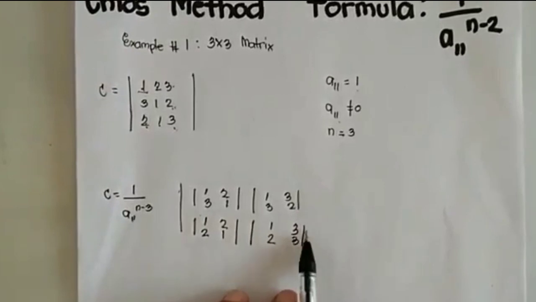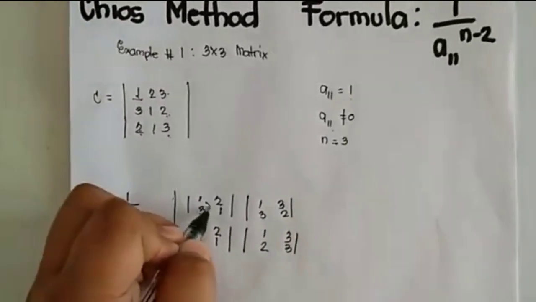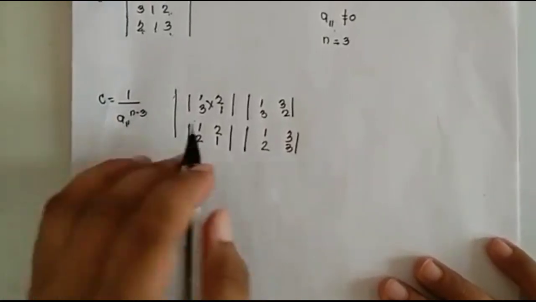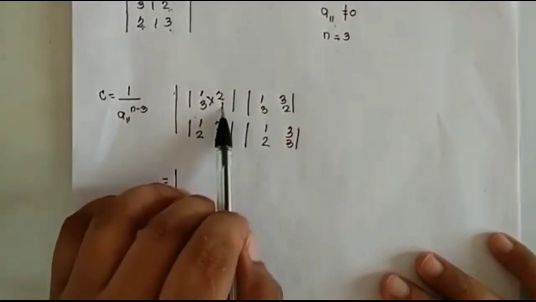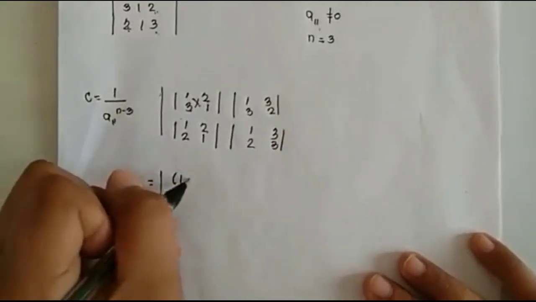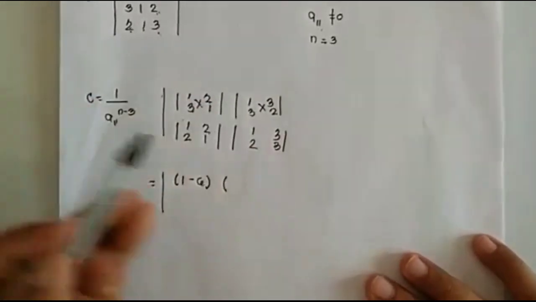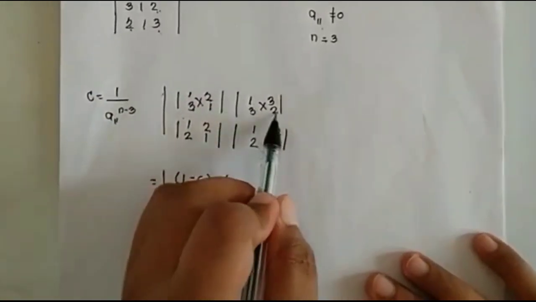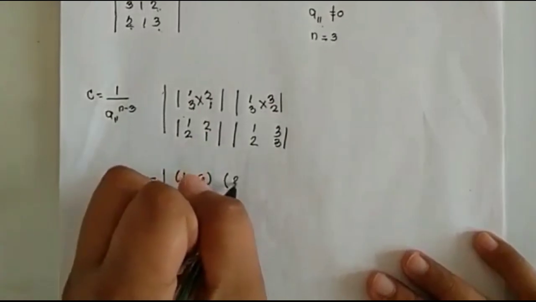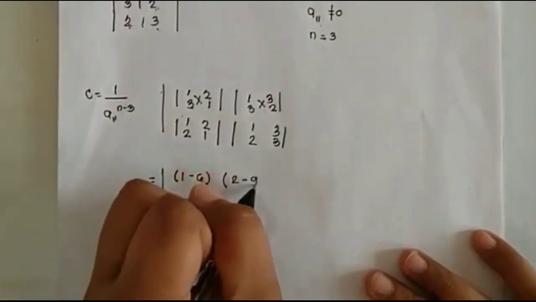So, after grouping the data, we have to do the cross multiplication. So, for the first group, we have 1 multiplied by 1 is equal to 1. 3 multiplied by 2 is equal to 6. And then, second group, 1 multiplied by 2 is equal to 2. 3 multiplied by 3 is equal to 9.